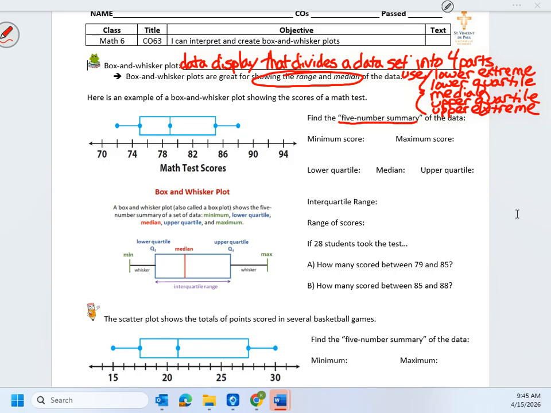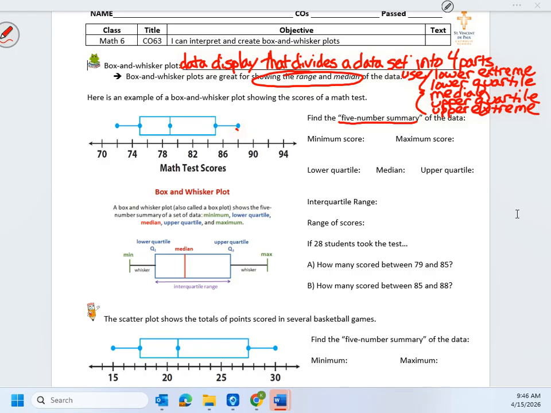We have a minimum score. What do you think our minimum score would be with what we know about reading graphs? What do you think, Moses? Okay, so Moses is looking over here for 87. Think about what we know minimum means. Is minimum going to be a high or a low?